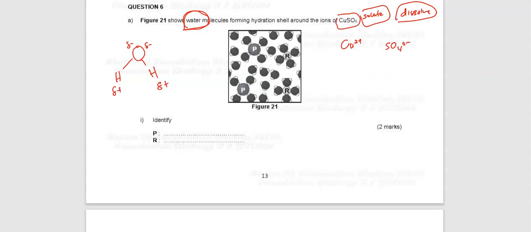So for the Cu2 plus, because it has a charge of 2 plus, it has a positive charge, the water molecule at the oxygen region will be attracted to the Cu2 plus, copper Cu2 plus. So water molecules will surround the cation.